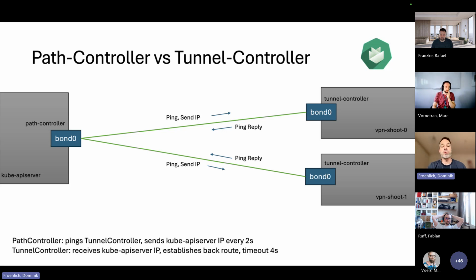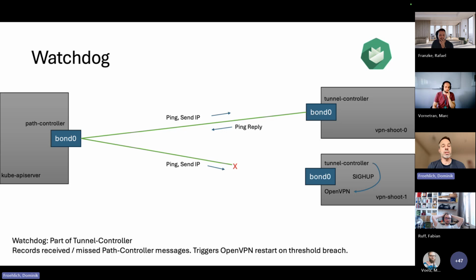And we have a timeout of twice that, so 4 seconds. If we don't get anything from the seed side, we deem this as a timeout. And then we basically record these timeouts in the watchdog.